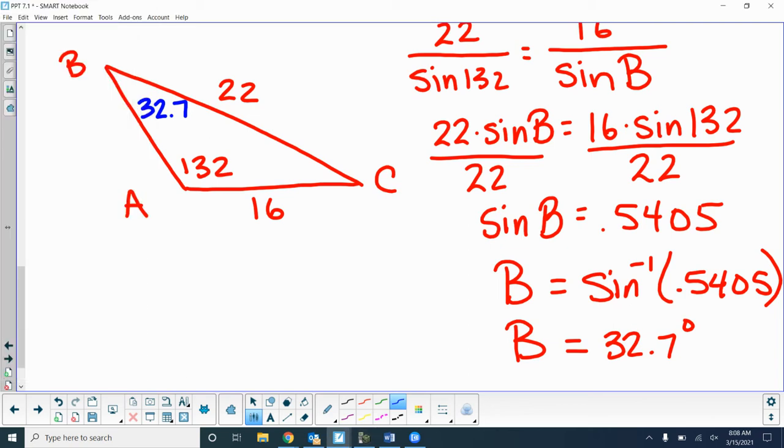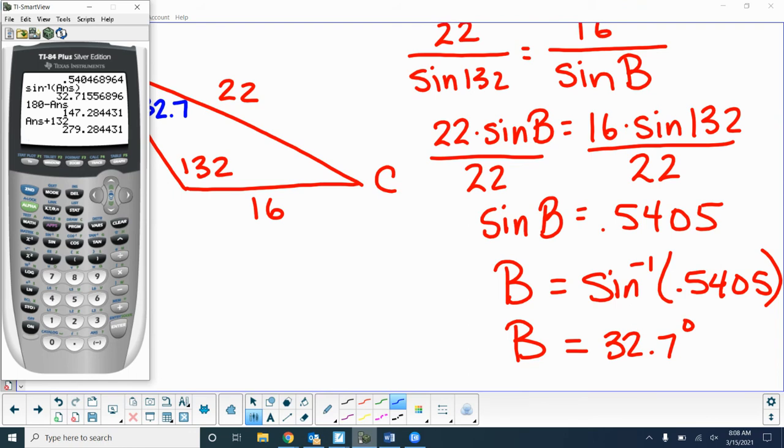So I'm going to find angle C next. I'm going to do 132 plus 32.7, and then I'm going to go 180 minus that to get angle C. Remember, all three angles add up to 180, right?